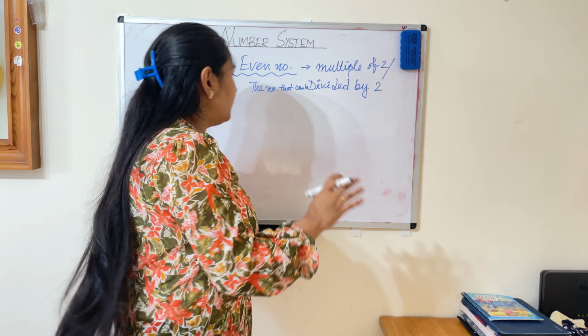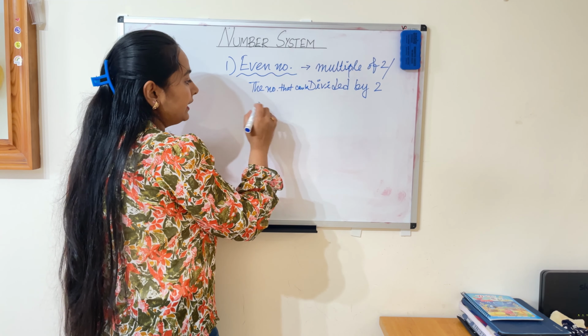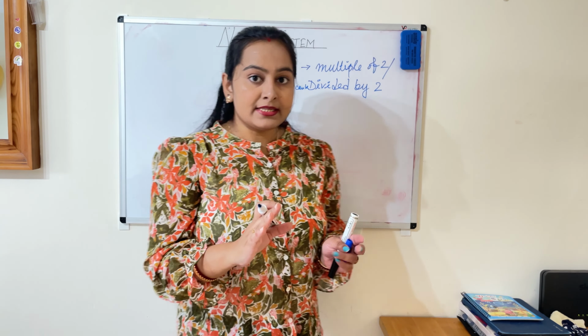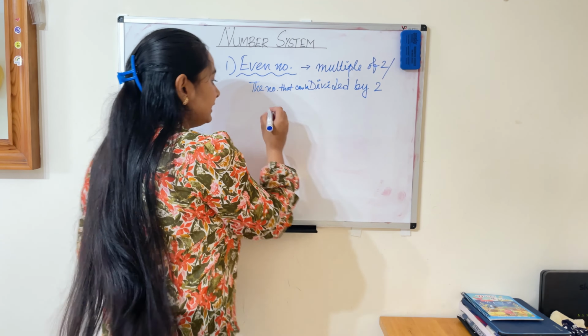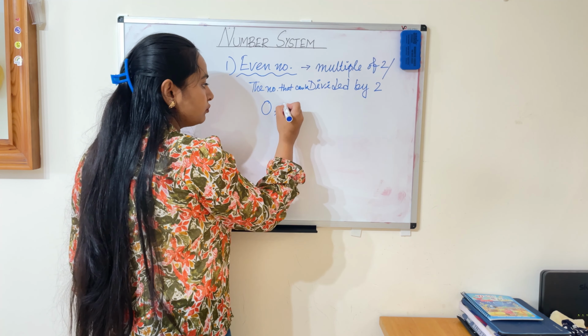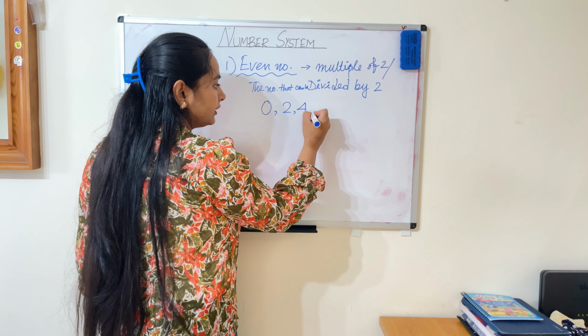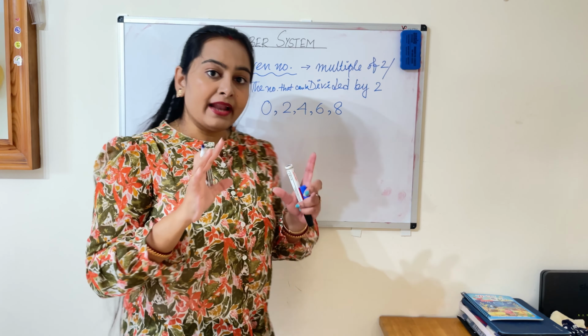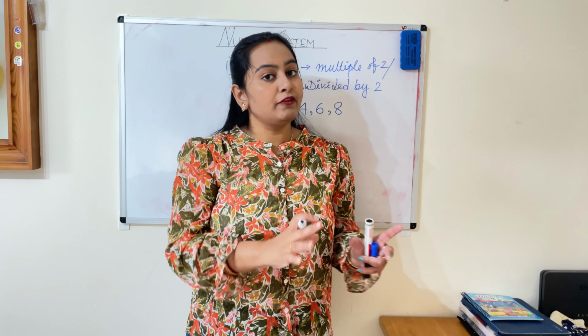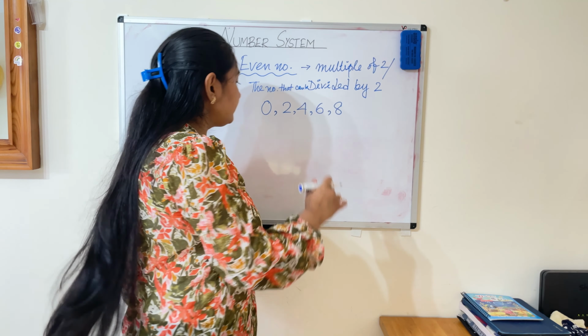So one thing we need to remember is that the unit place of any larger number, if it has 0, 2, 4, 6 or 8, then that number is considered an even number, right?